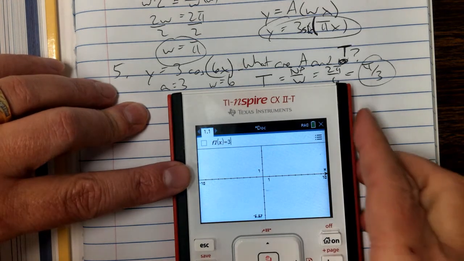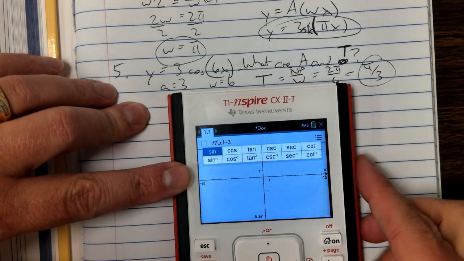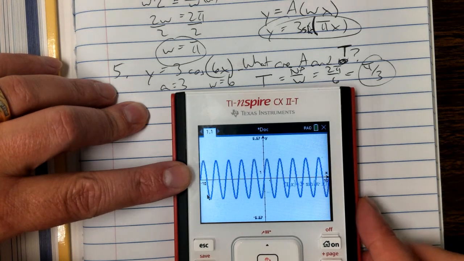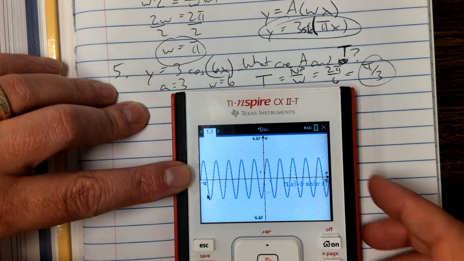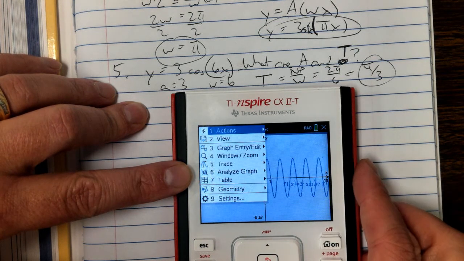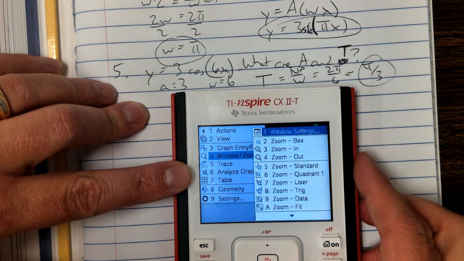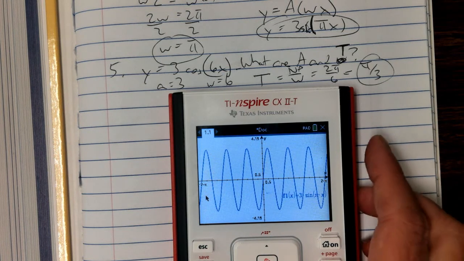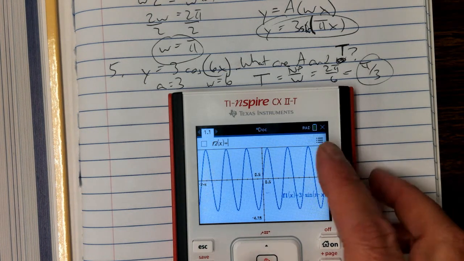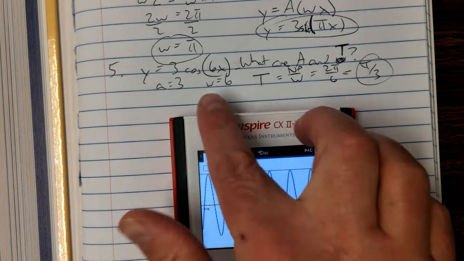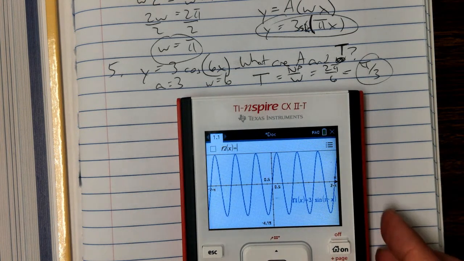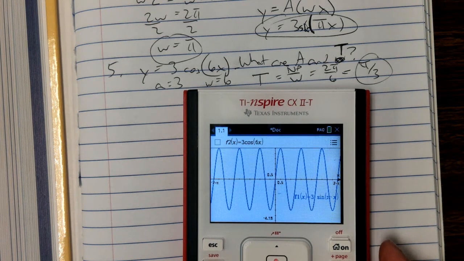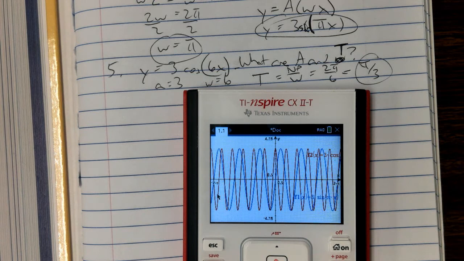So we have 3 sine pi x. Okay, so there it is. And again, we want our window trig like this. Then if we press tab and go to the other one, we're going to have 3 cosine 6x. And so that's even more frequent.